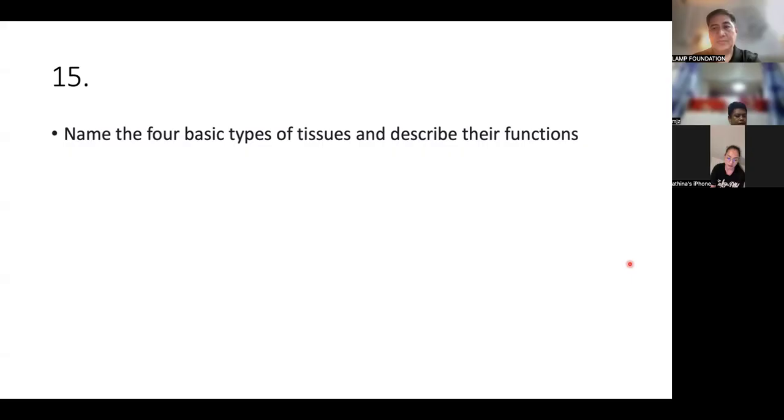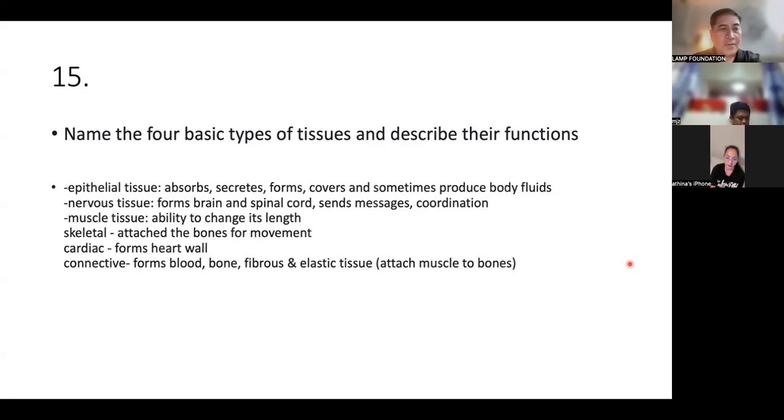The skeletal is attached to the bones for movement. The cardiac forms the heart wall, and the connective forms blood, bone, fibrous, and elastic tissue. For the muscle tissue, we have the skeletal and the cardiac, no? So all in all, we have four.